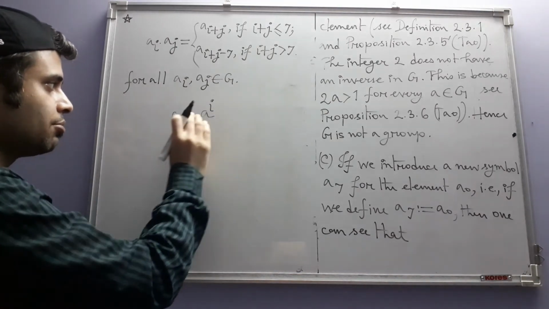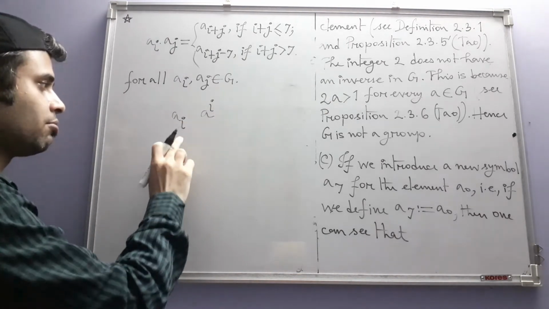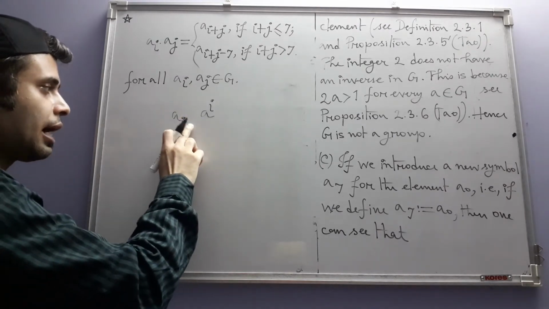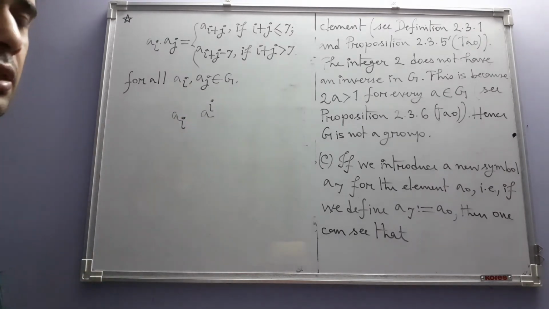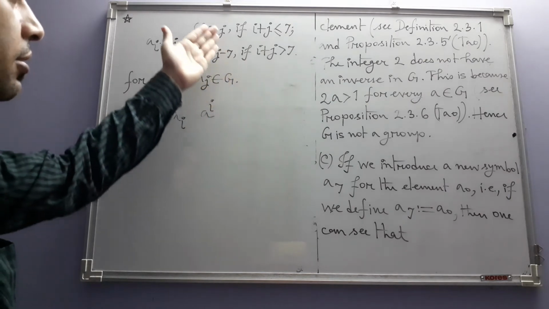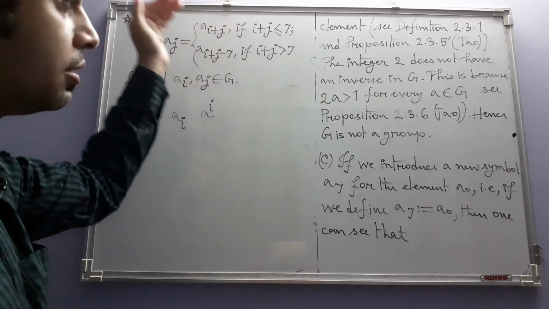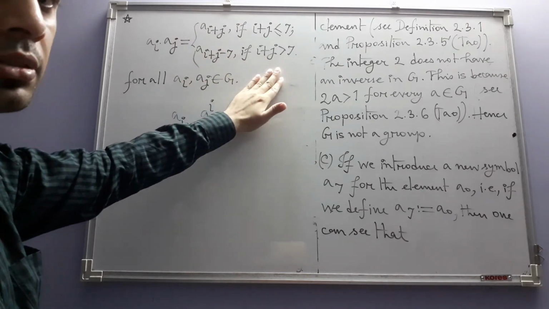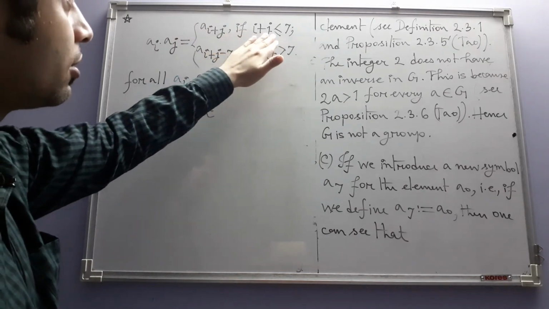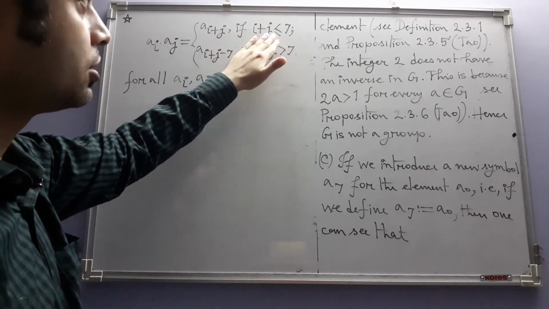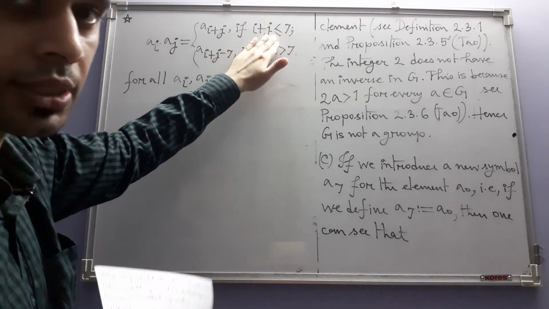This is also a symbol, where the position where i occurs does not matter, because if you look at the operations, you will see the striking resemblance. Everything just depends on what i plus j ultimately turns out to be.